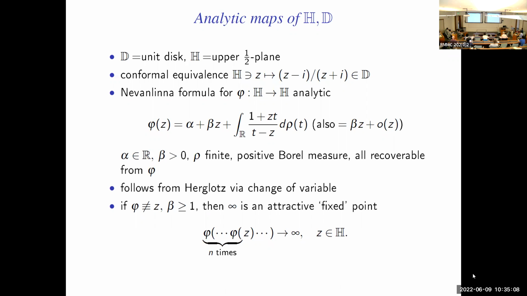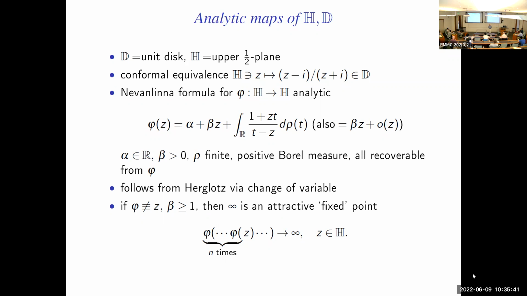If phi is not the identity function and beta is greater than or equal to 1, then infinity is a fixed point for the function, an attracting fixed point, in the sense that the iterates of the function go to infinity.